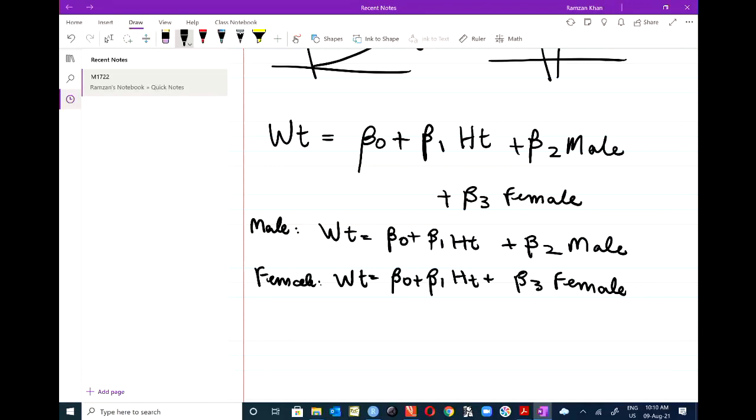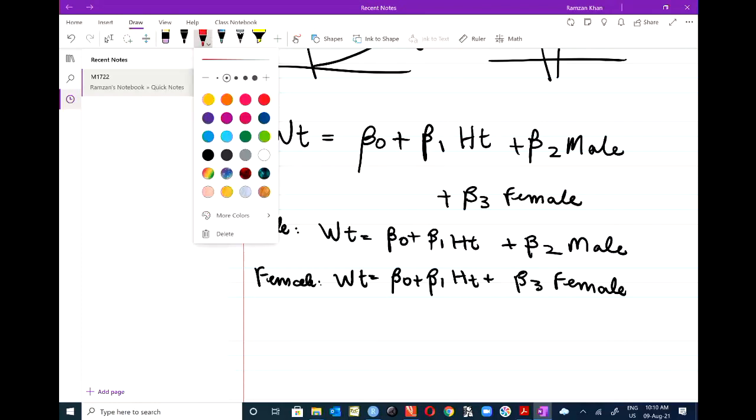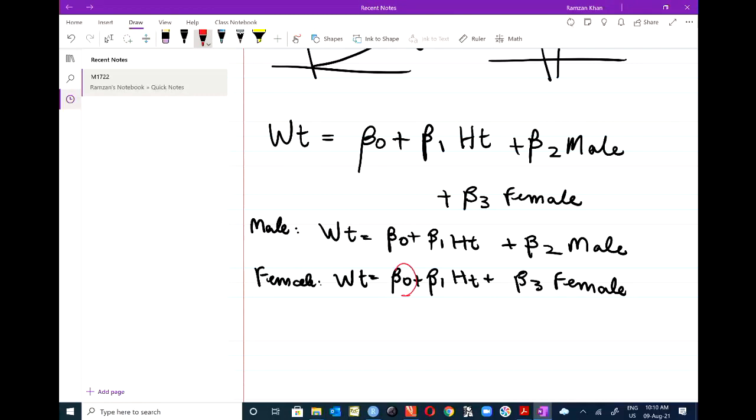And so the problem I find there straight away is this. I've got this beta naught in both of those, and I've got this beta 2 here and beta 3 here. If I was to add 10 to beta naught and take 10 off beta 2 and take 10 off beta 3, I have exactly the same model.